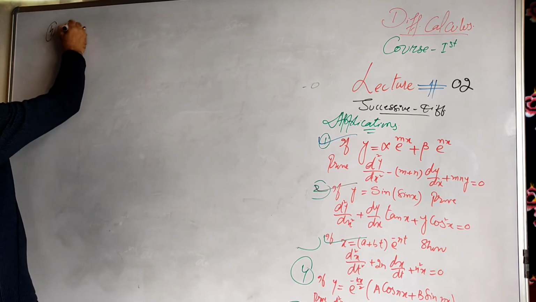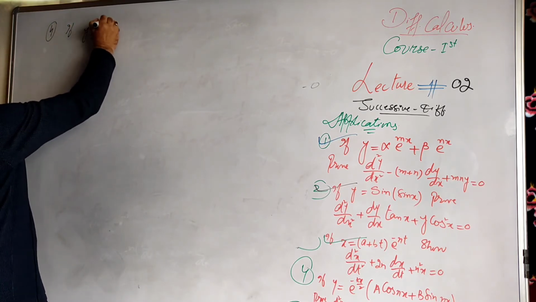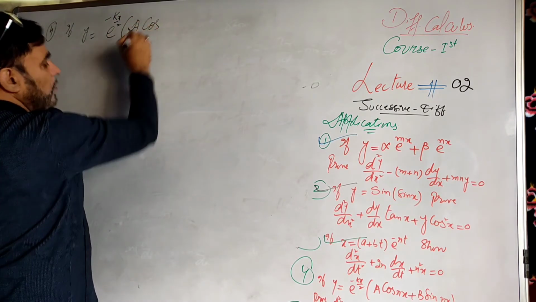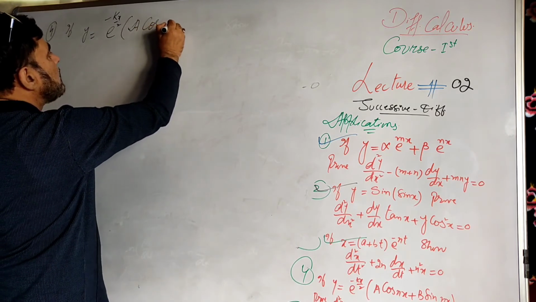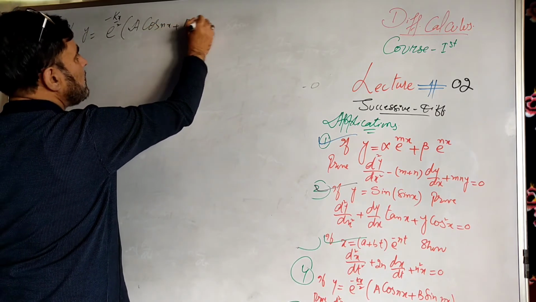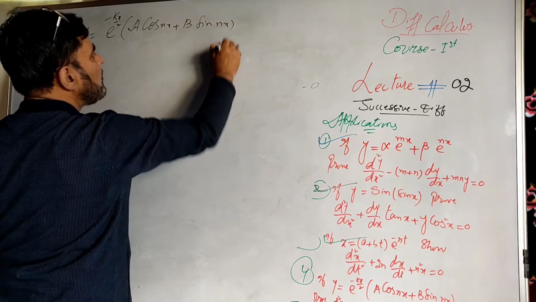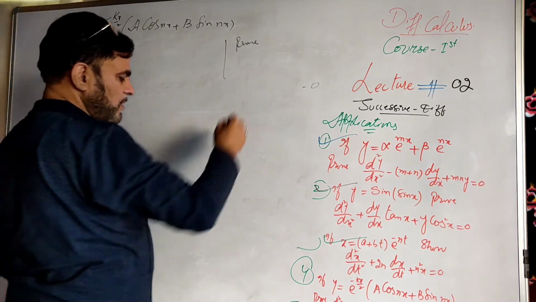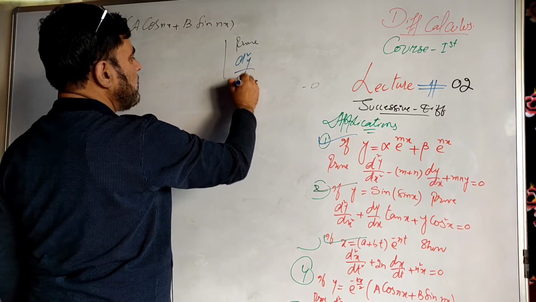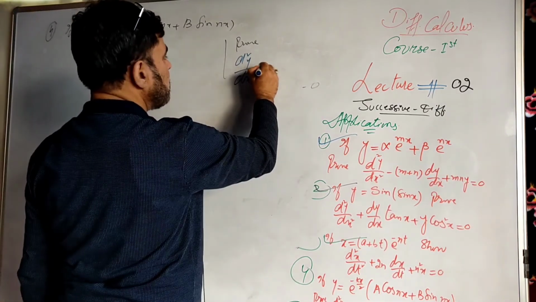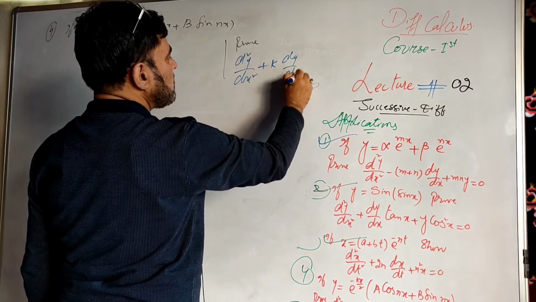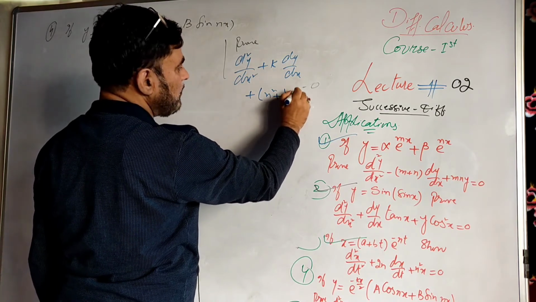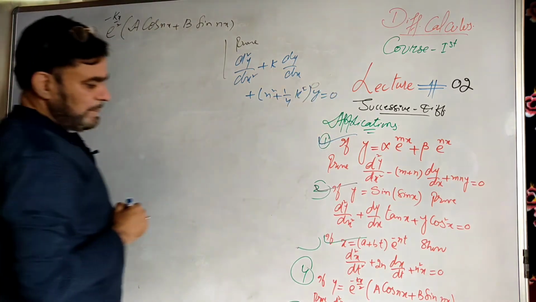If y is given by e raised power minus kx by 2, then a times cos of nx plus b sine of nx, you have to prove d2y by dx square plus k times dy by dx plus n square plus 1 by 4 k square times y is 0.